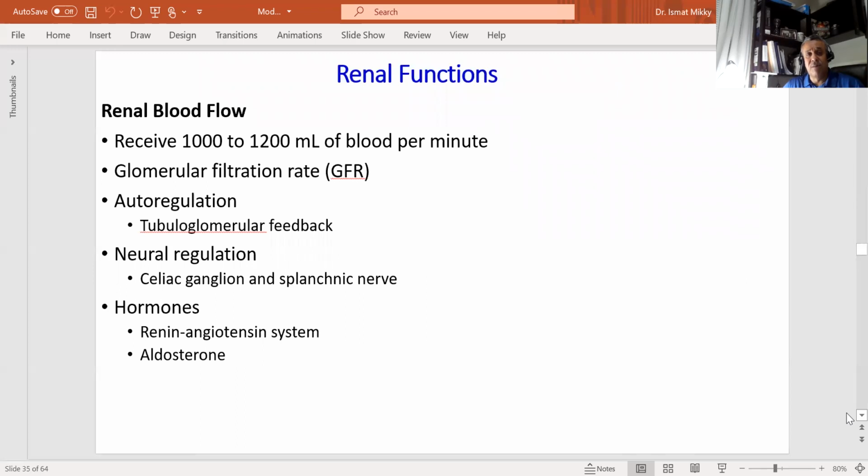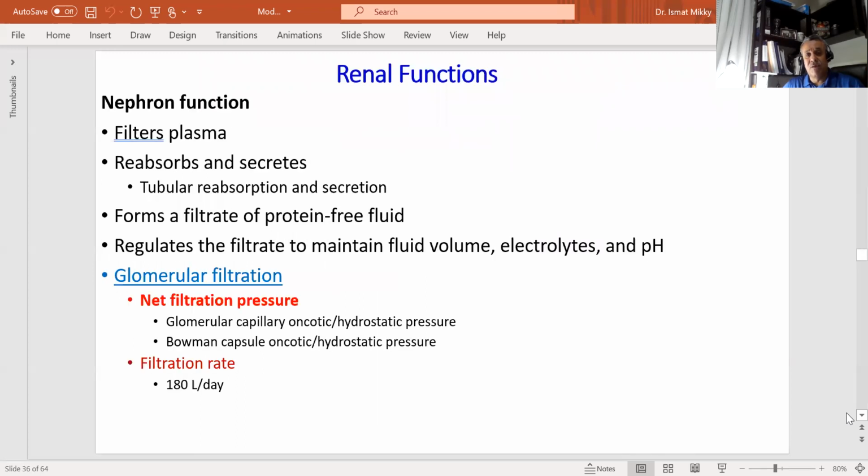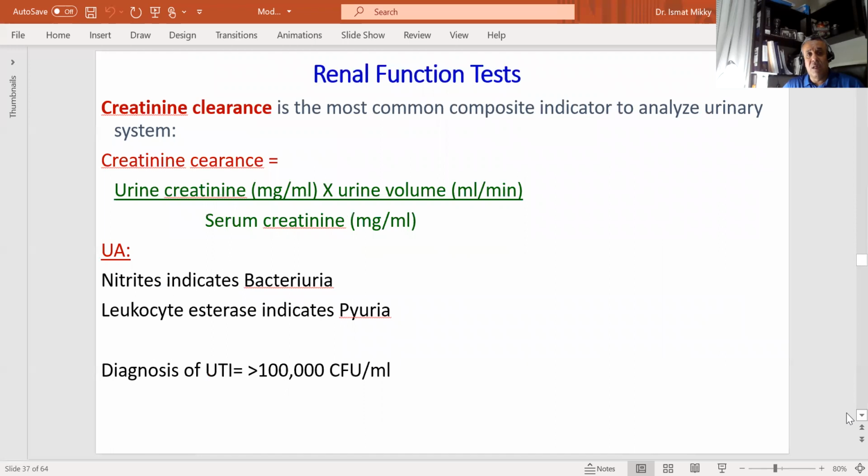A few slides talk about renal perfusion, or blood flow to the kidneys, and nephron function, and here's another discussion to clarify the creatinine clearance.